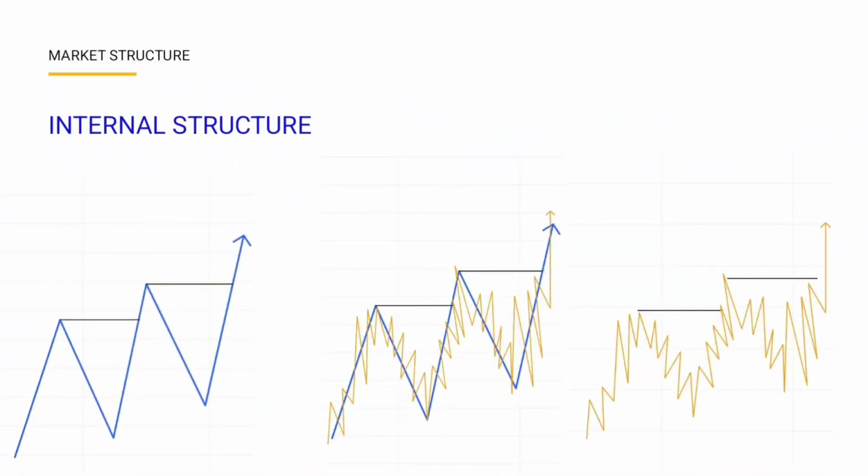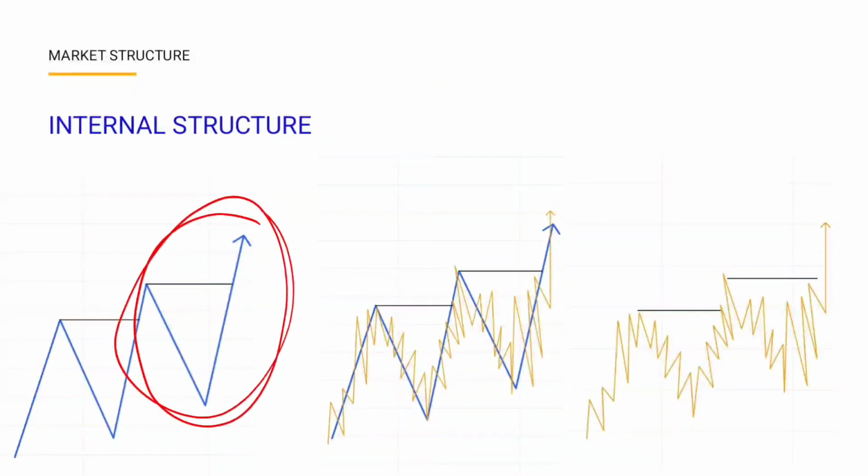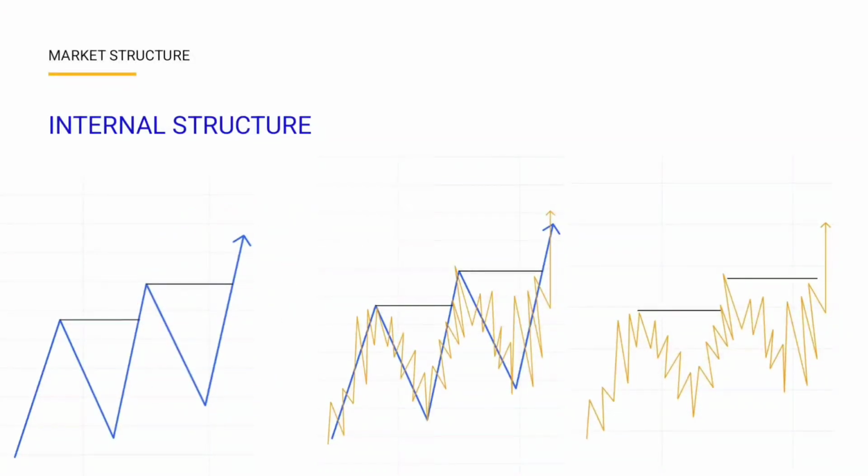Now, what is internal structure? As you would see, market would tend to move in a particular direction in a particular time frame. Of course, we know the forex chart is in time frames, different time frames. So the market would always tend to be in a particular direction at a particular time frame. Let's take, for instance, that this image here is on daily time frame.